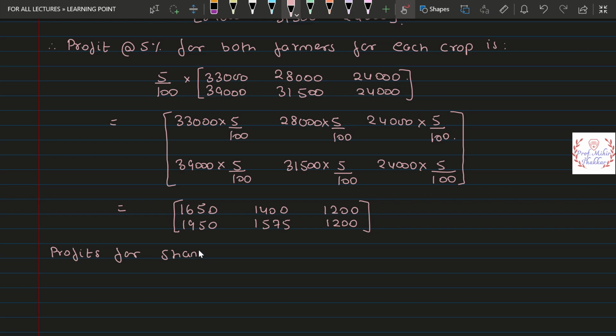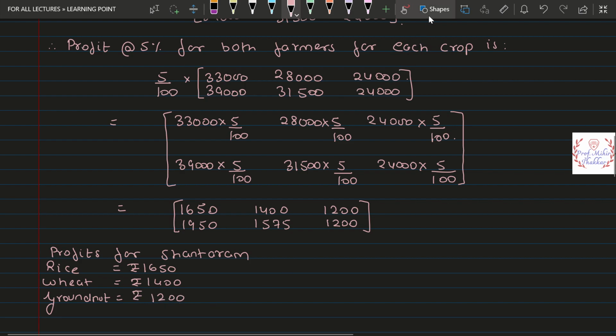So profits for Shantaram in rice, wheat and groundnut is rupees 1,650. Here it is rupees 1,400. We are copying the elements of the first row, guys. 1,200.